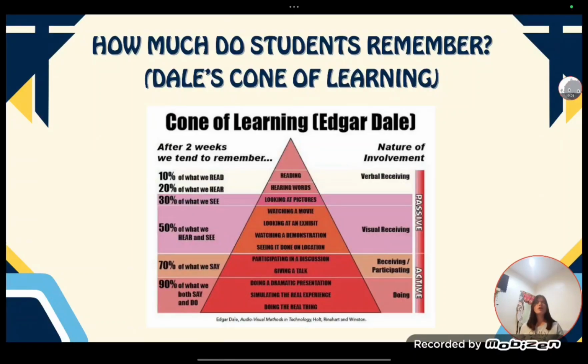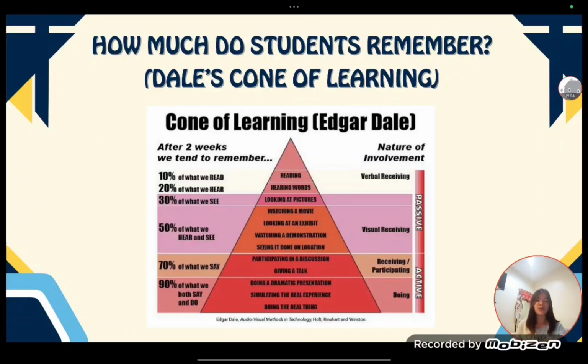So we tend to matagal natin nalilimutan yung mga bagay na gina-experience na natin in a real world situations. So that is according kay Dale's cones of experience. So 90%, natatagalan siya, nawawala siya sa ating isip or sa utak natin.